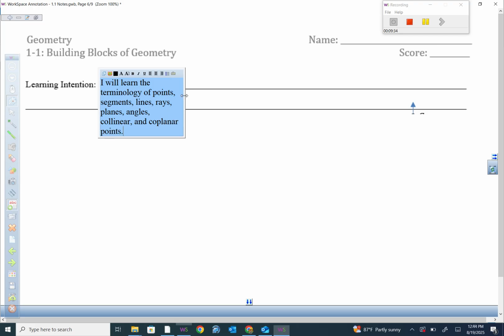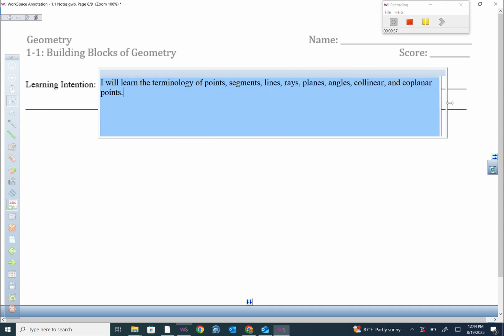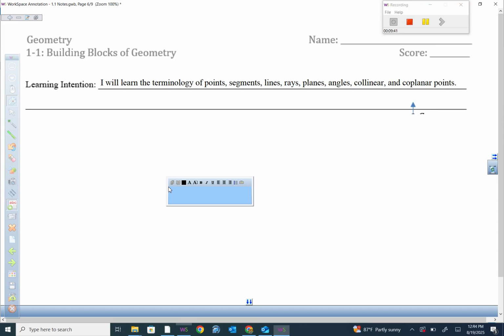Alright, please make sure you have that written down on your notes page. Okay, this is part of participation. Just like before, make sure you're filling out everything and make sure you're actively engaged in the lesson.